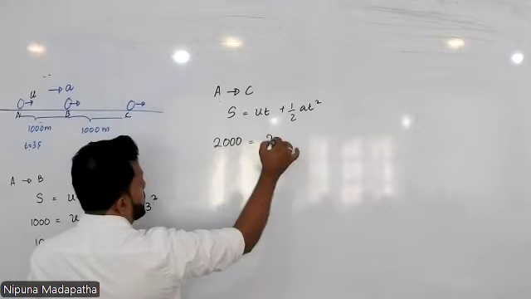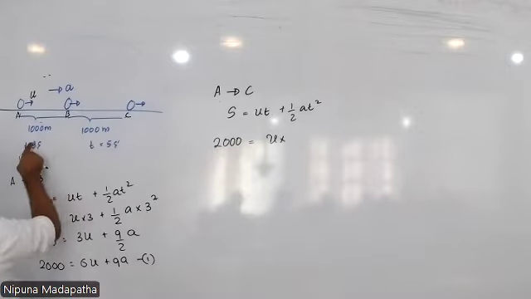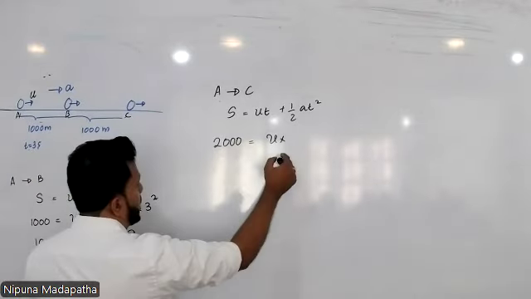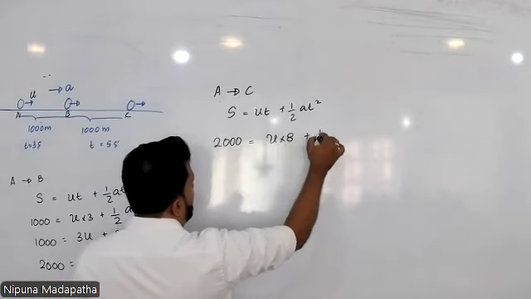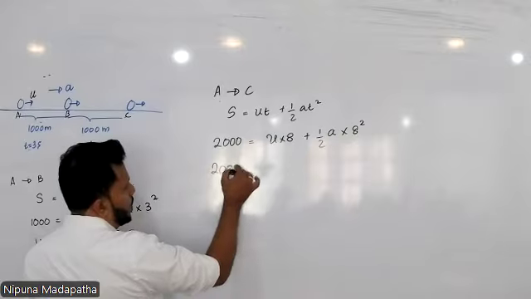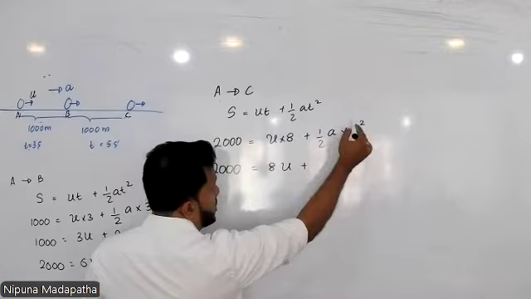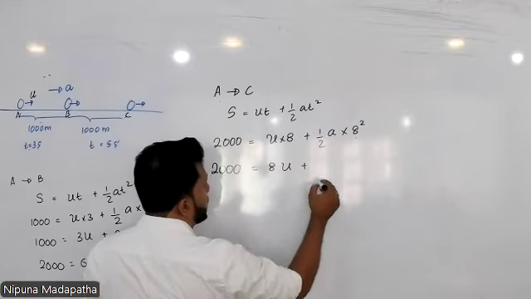Initial velocity is u, time is 3 seconds plus 5 seconds, so time is 8 seconds. Half, acceleration is a, time is 8. So 2000 equals 8u plus 8 squared is 64, 64 divided by 2, 32a.